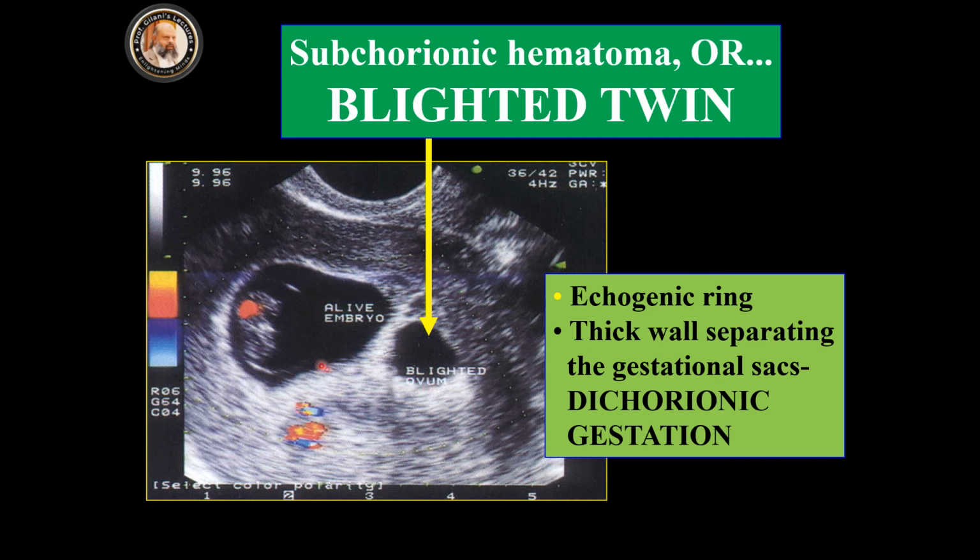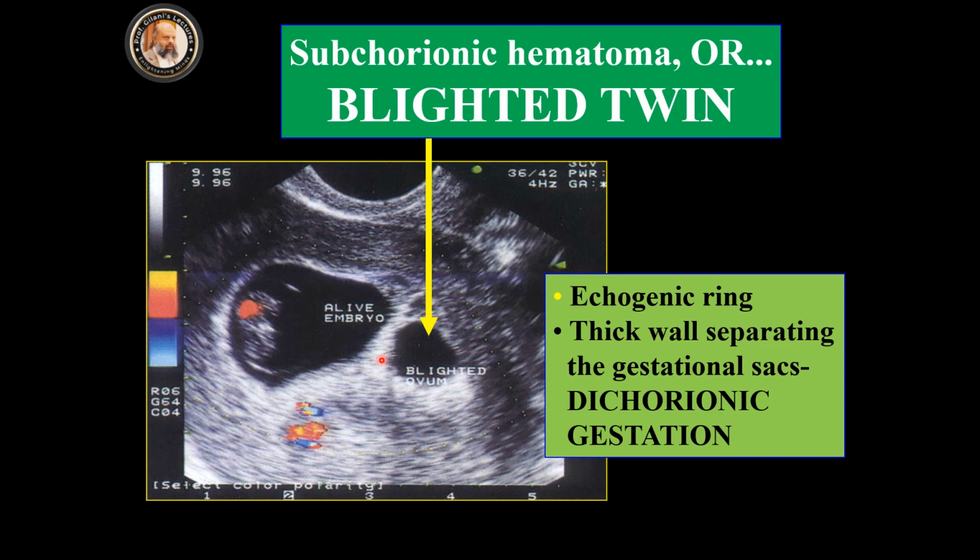So, how do we differentiate between a blighted twin and a subchorionic hematoma? If we get an echogenic ring, a thick wall separating the gestational sacs, it can be a dichorionic gestation.